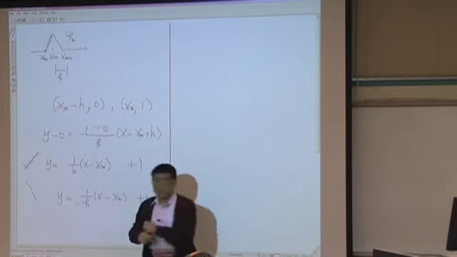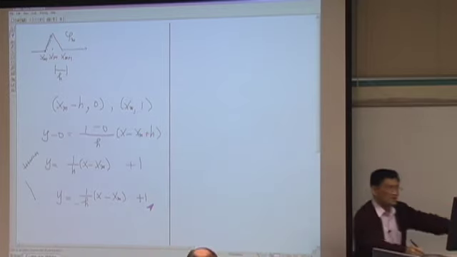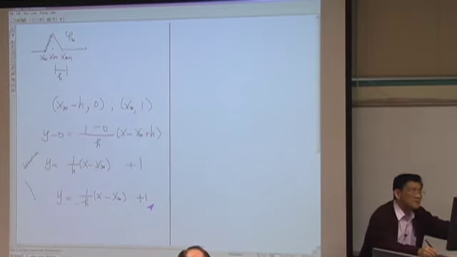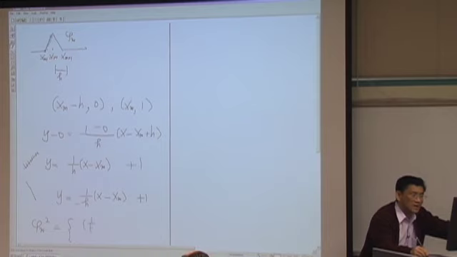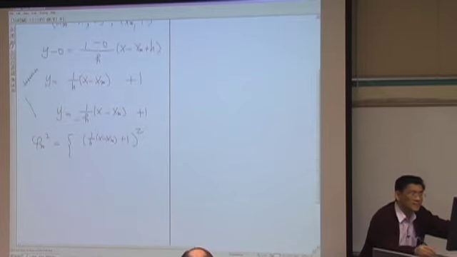Then what is Pm squared? Pm squared is Pm multiplied by Pm. Multiplying this, right? h x minus xm plus 1 squared, right? And then minus h x minus xm plus 1 squared, right?